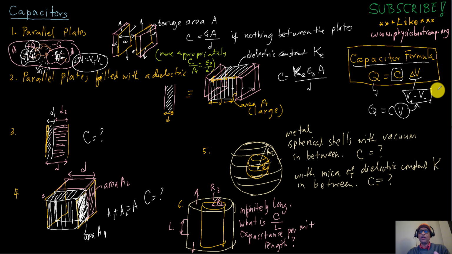And we're going to work out what the formula for C should be under different conditions. Okay, so for instance, if you have two large plates, then the formula of capacitance is this. Because this plate is going to be large, we're going to assume infinitely large.